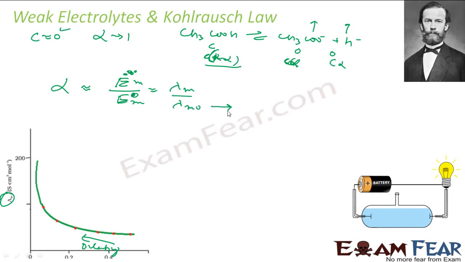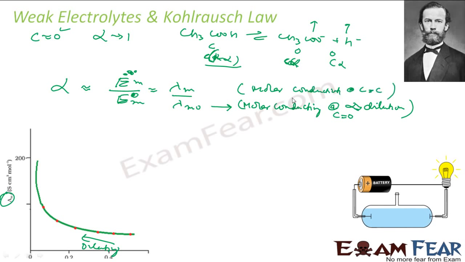Lambda m naught is nothing but my molar conductivity at infinite dilution, where C is almost equal to 0, and lambda m is my molar conductivity at concentration C, some value. So I'm saying the degree of dissociation is almost equal to the molar conductivity at a given concentration divided by the molar conductivity at infinite dilution.